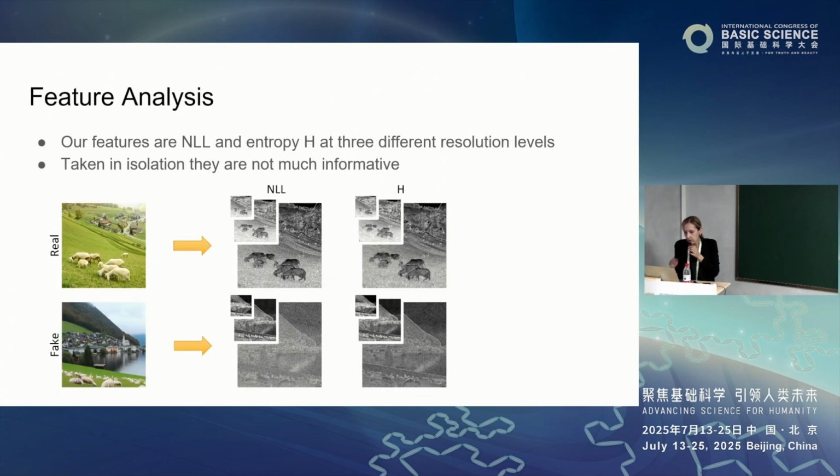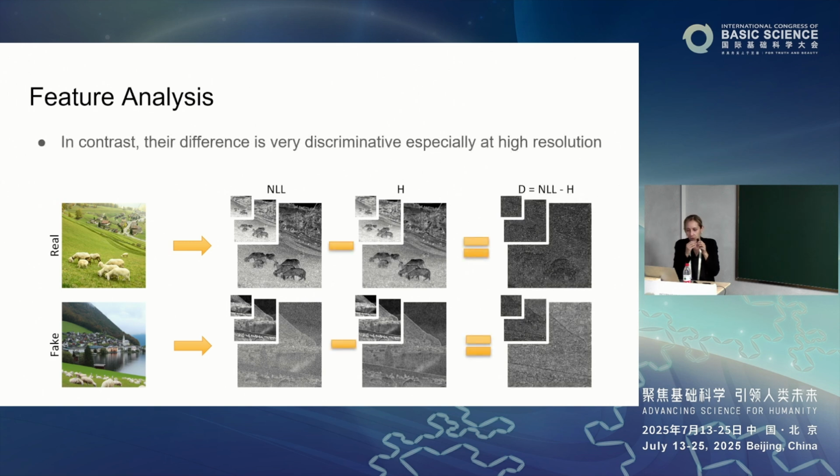Using this feature analysis, we noted that if we look at these features in isolation, they are not very informative because there is also an influence of the content of the image. But if we look at the difference, you can notice that for fake images, the prediction from the low resolution to the high resolution is less expected. You can see it's more white, and so their difference is much more discriminative.